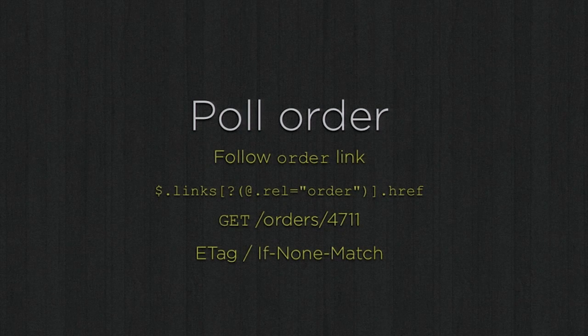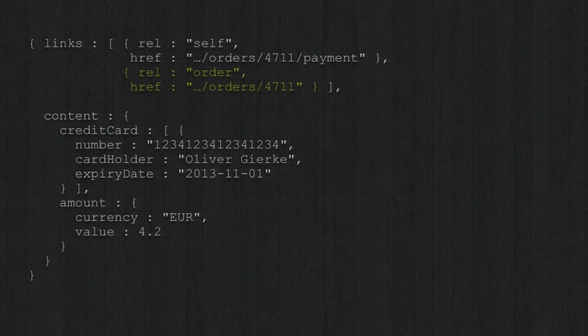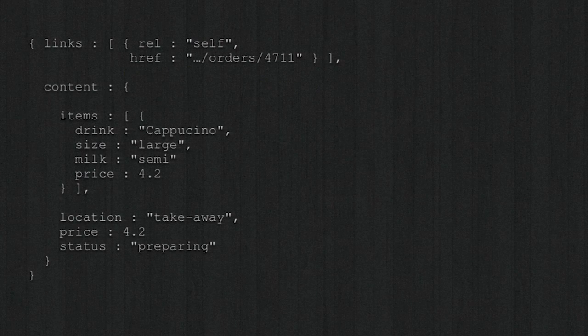So we get back to the order resource, we follow the order link, and we get into a state where there are no links in there except the else link, which essentially means the order is either done, which is not, because it's in preparing state. That is indicated through the missing of links here.